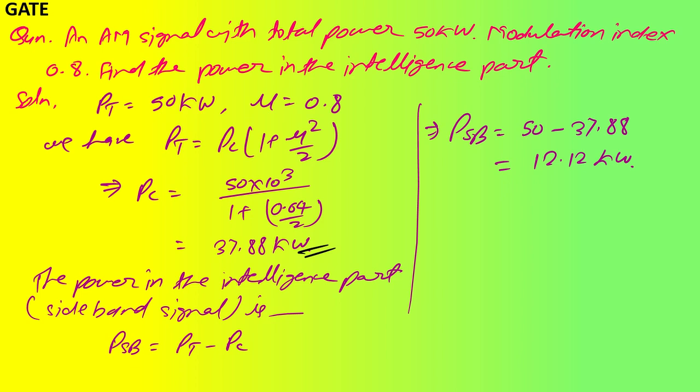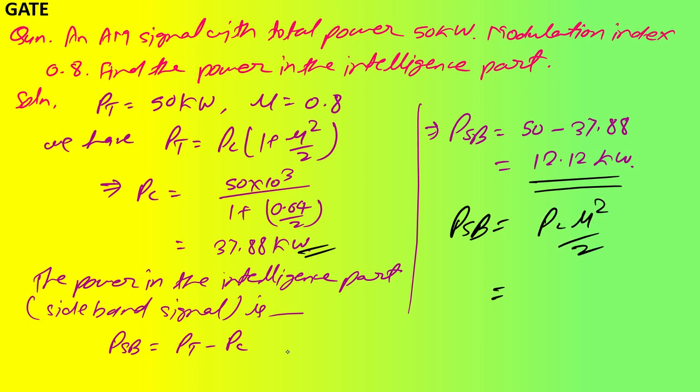Now to find the power in the intelligence part, you can do two things. You can do P sideband is equal to total power minus Pc, the carrier power, which will give you 12.12 kilowatt. Or another way: your sideband power can be written as Pc into mu square by 2.